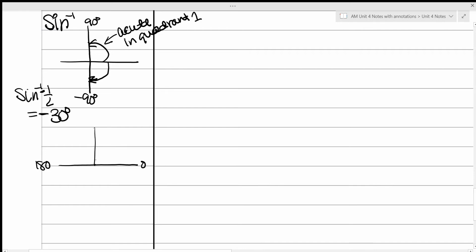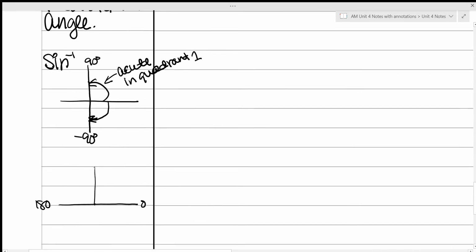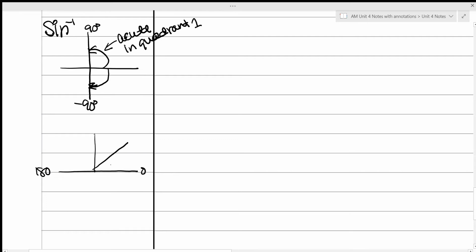So sine inverse doesn't just give you an angle, it gives you a reference angle. If I had an angle like 64.8, that could mean it's this angle here, or it could mean that it's this angle here.